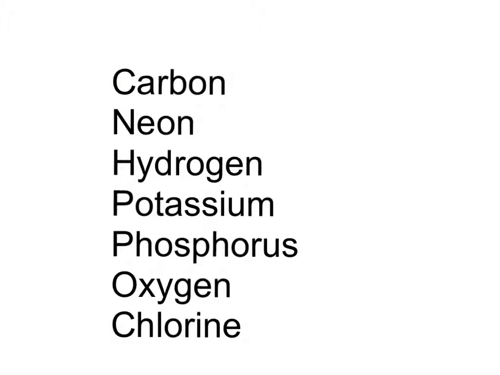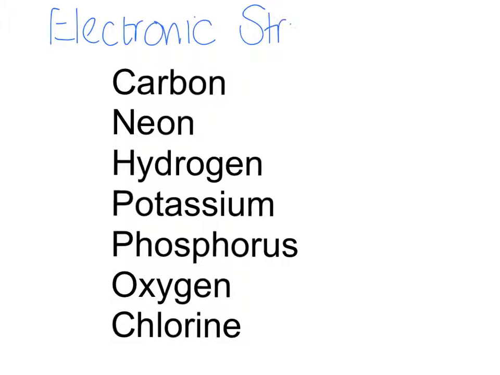If you have time, now take a new page in your notebook and let's just do a little bit more practice at drawing out the electronic configuration and the electronic structure of our different atoms. So in your notebook, take a title of electronic structure. And I want you to draw out the electronic structure of these 7 elements in your notebook.